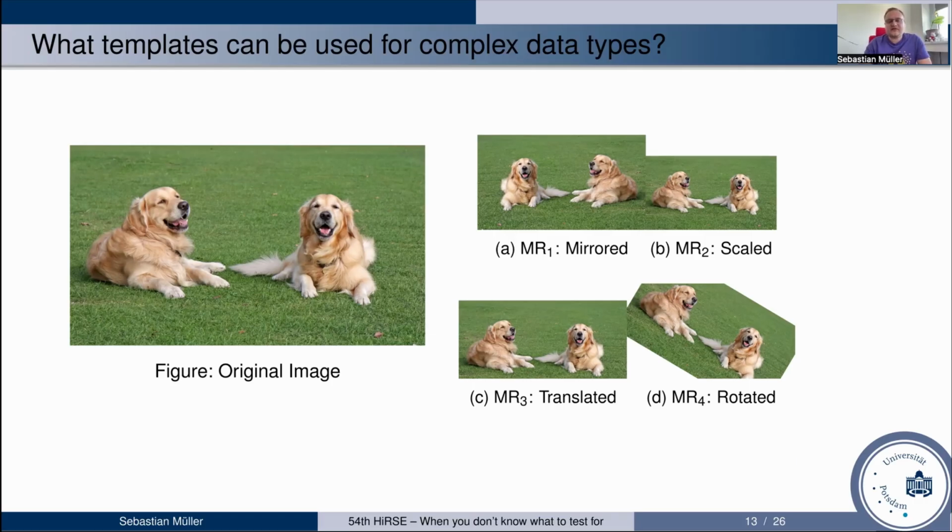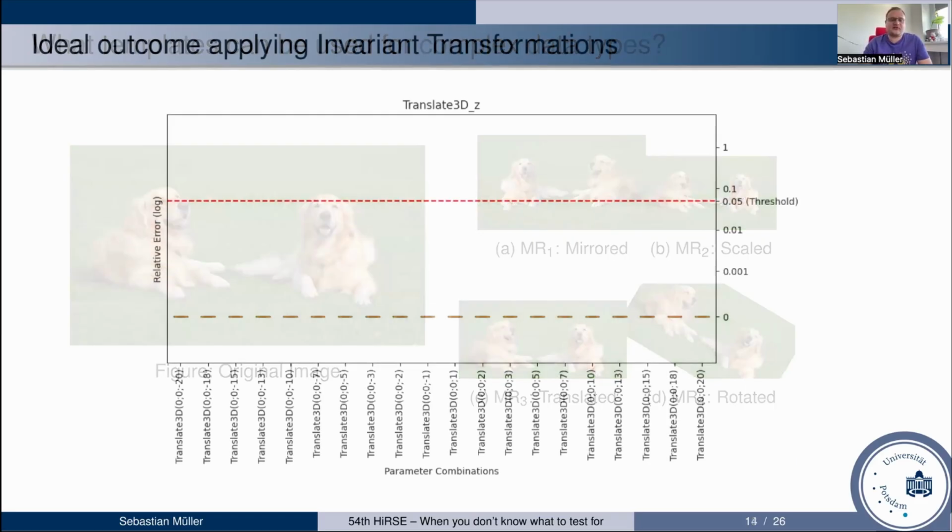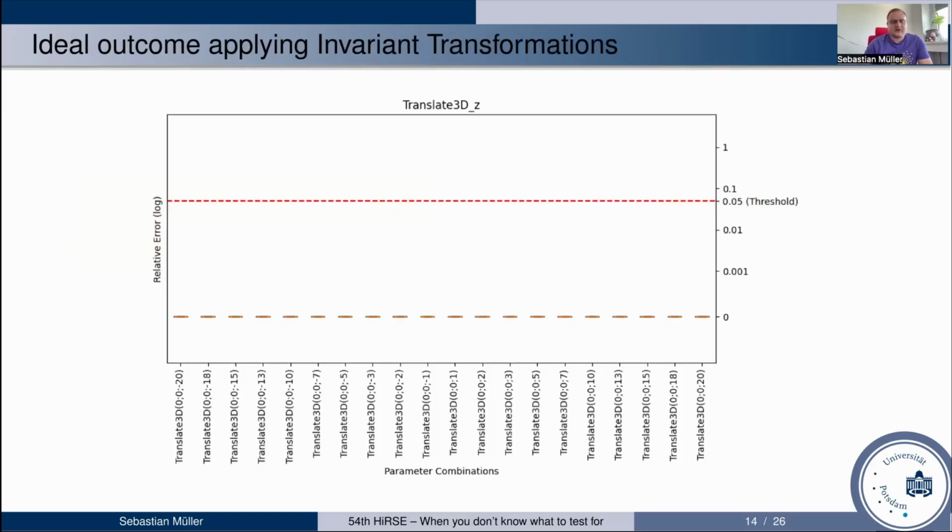If we can find one of these invariant transformations, and if we apply this invariant transformation with a couple of parameters, what we would expect to see is something like this. So for all of these applied transformations, the relative error that we're finding for each should be exactly on the zero line.